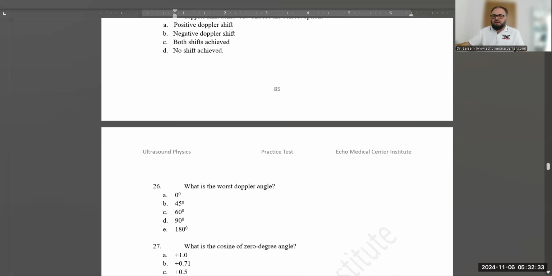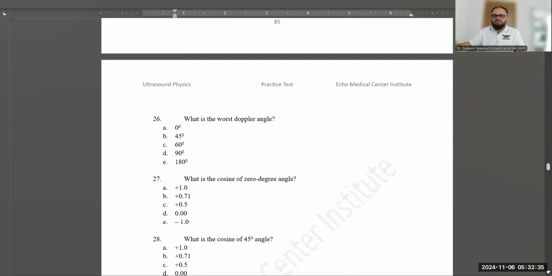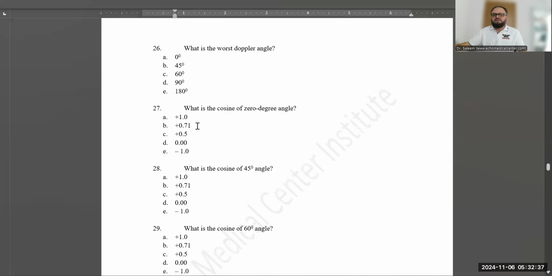Now it says, what is the cosine of 0 degree angulation? Absolutely correct. A is the correct answer, positive 1.0. It means 1 means 100%. When we're scanning with a 0 degree angulation, you get 100% of the Doppler shift.